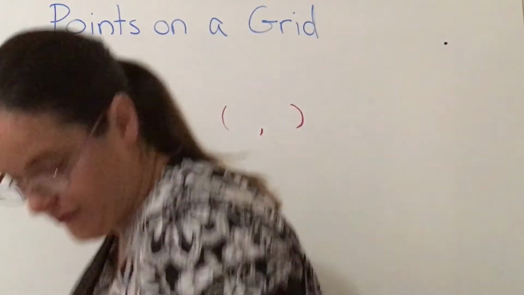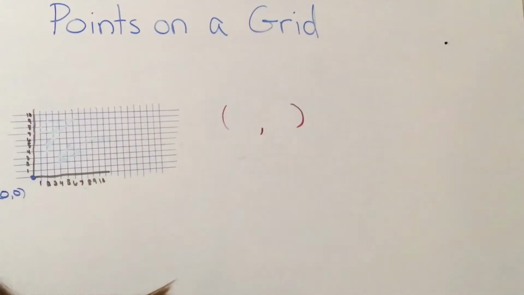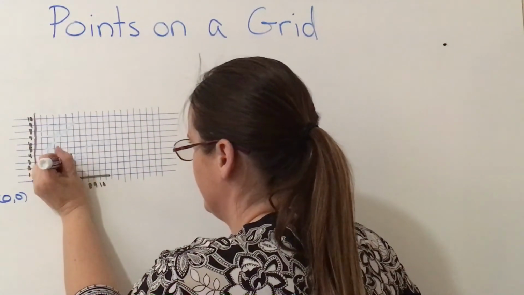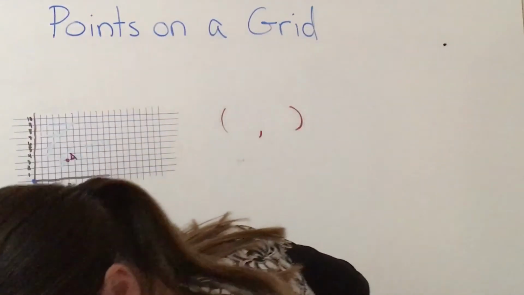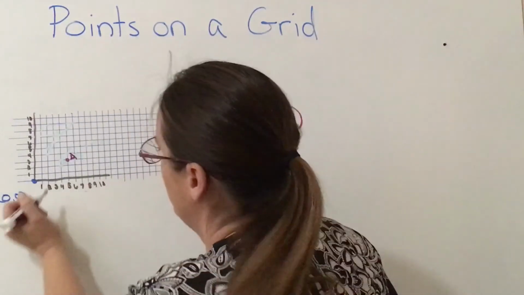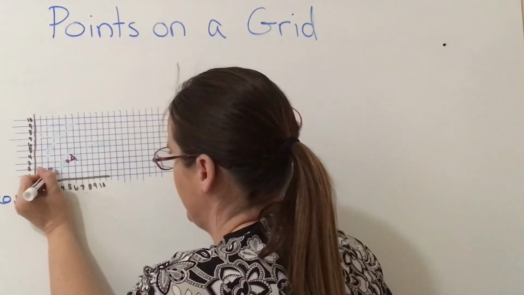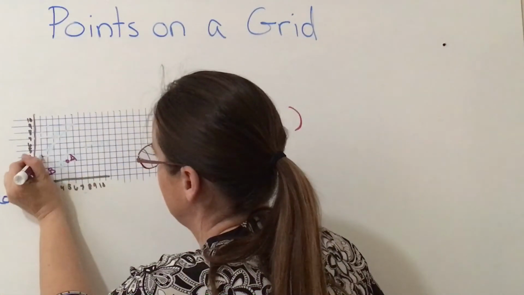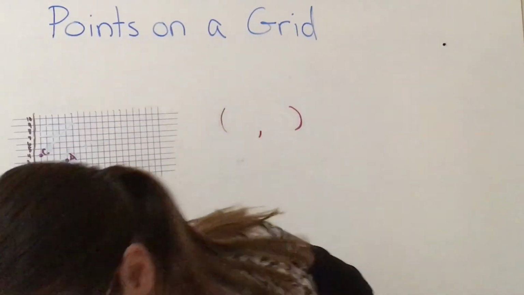Okay, so for A, you are going to be finding point A right here. That's A. You're going to be finding point B, which is right here. Point C is right there.